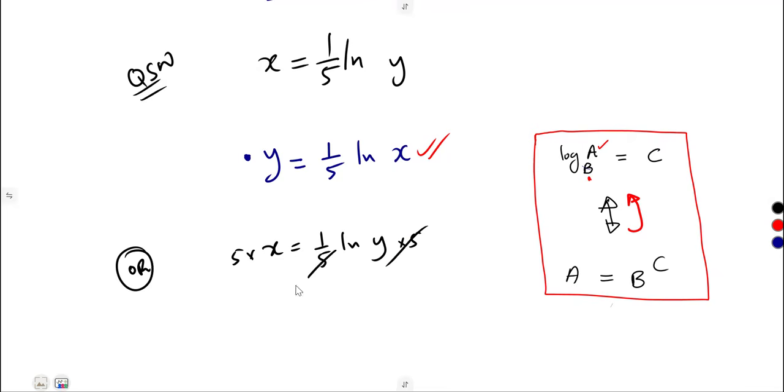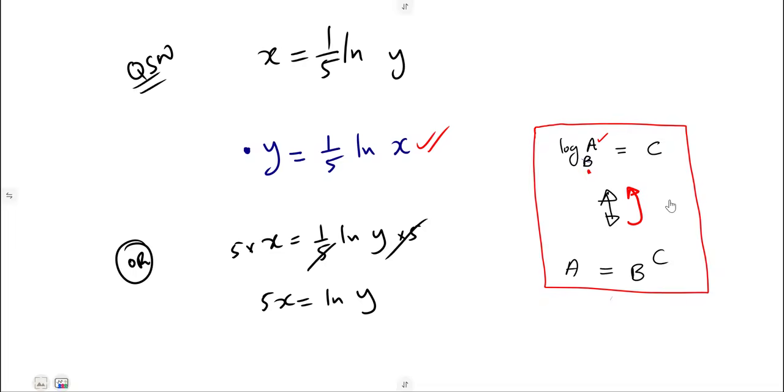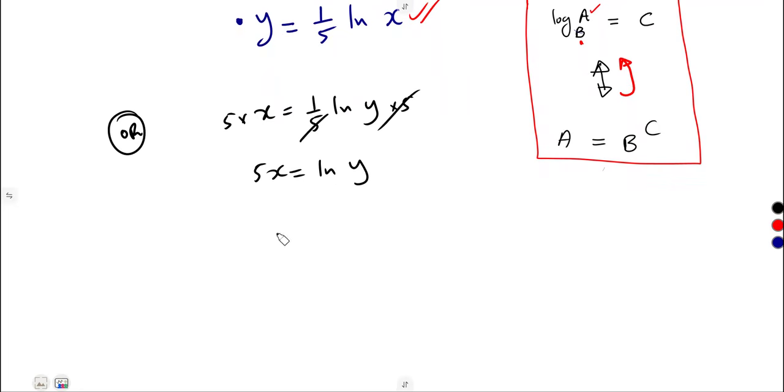That's 5x is equal to the ln of y. Remember, the ln of y means the logarithm of y in the base e. We are just rewriting, guys. We want to make y the subject, so y is equal to e to the exponent of 5x.